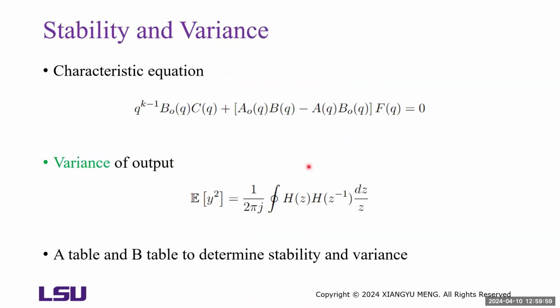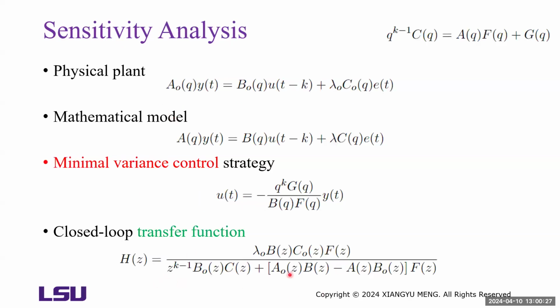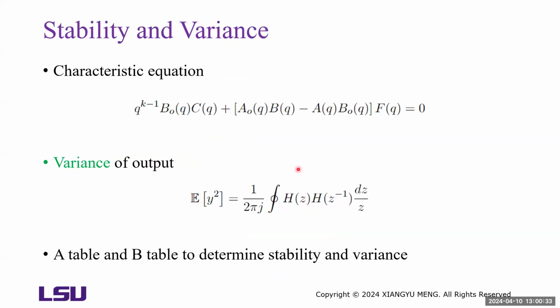Then to make the system stable, we must calculate the roots of the characteristic equation. So this is the characteristic equation. We have to make sure all the roots of the characteristic equation are within the unit circle to guarantee the stability. Then if we know the transfer function here, we know the variance of the output can be evaluated using the complex integral along the unit circle.